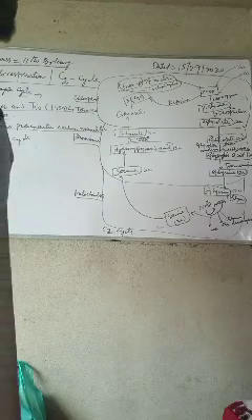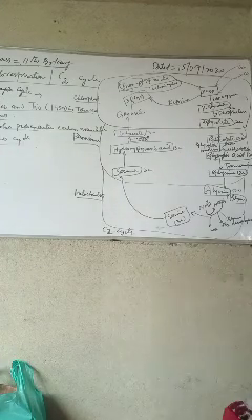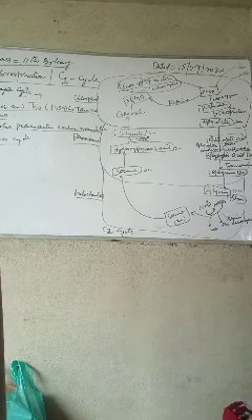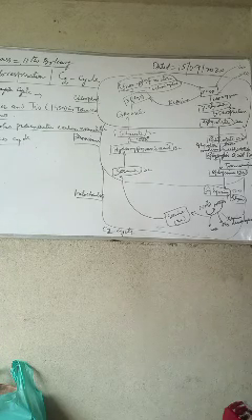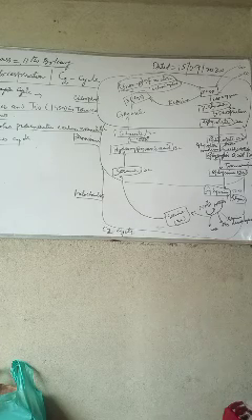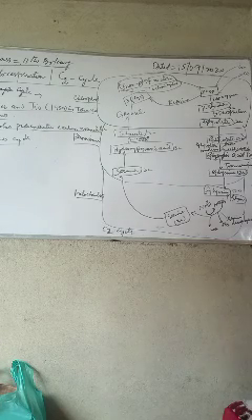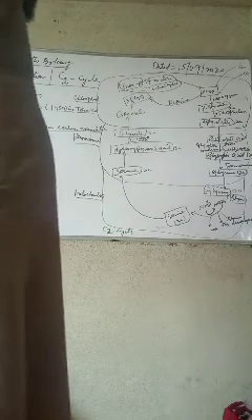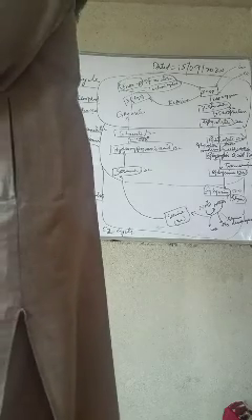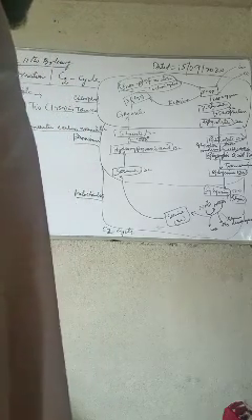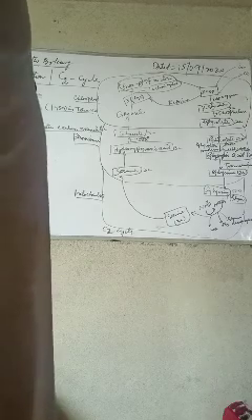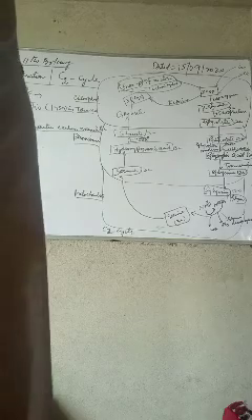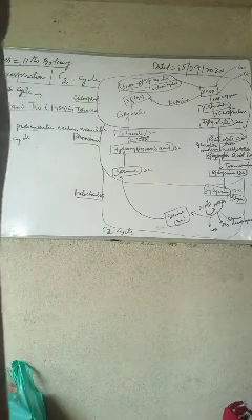As the name indicates, photo means light, and respiration, that means light dependent respiration. Generally respiration is light independent, but this is a type of respiration which is light dependent. We can say it is a light dependent oxidation of intermediates of carbon assimilation, which is accompanied by the absorption of oxygen and release of carbon dioxide.